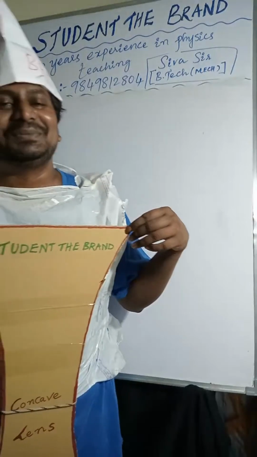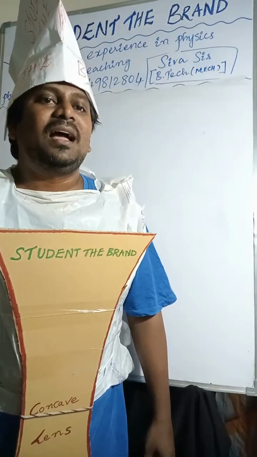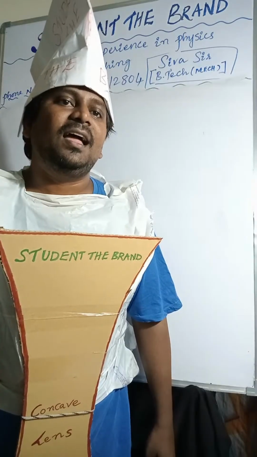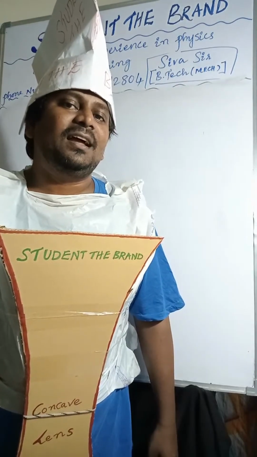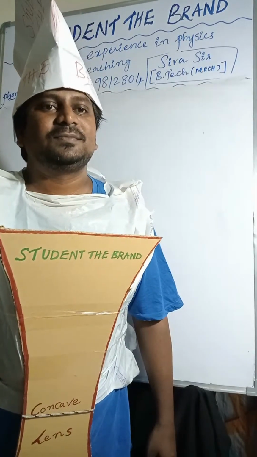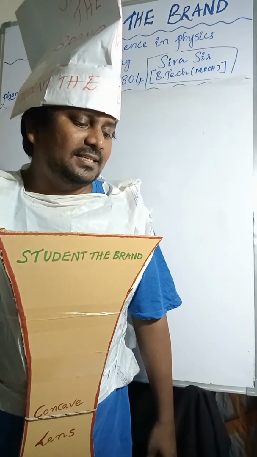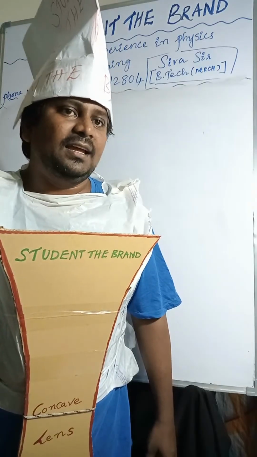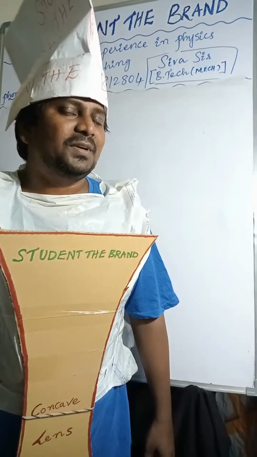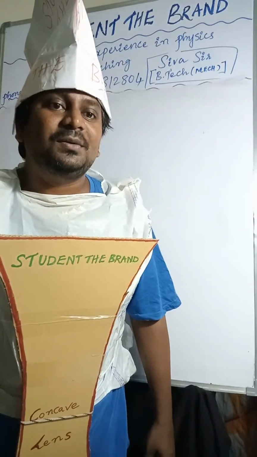That is the concave lens shape. Next, hypermetropia. Far distance we can see, near distance we cannot see.